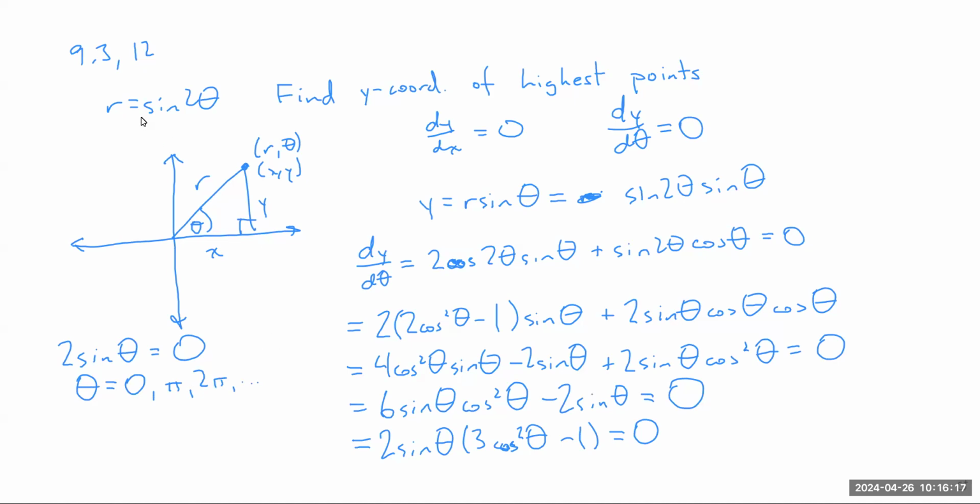Maybe this is a good time to bring this up. So based on our function, we have r equals sine 2 theta. Actually, let's just look between 0 and 2 pi. What happens with the other equation? So I got 3 cosine squared theta minus 1 equals 0. If I solve that, I end up getting cosine of theta equals plus or minus 1 over square root of 3, which is not a nice angle.